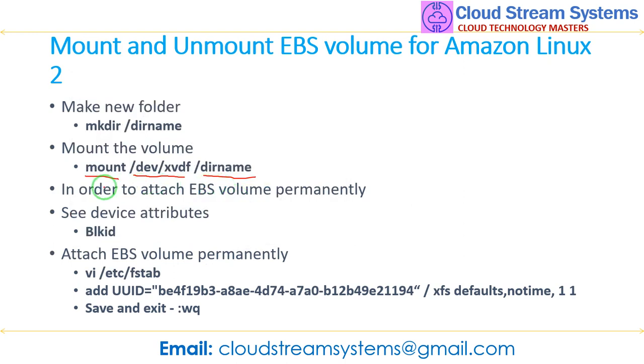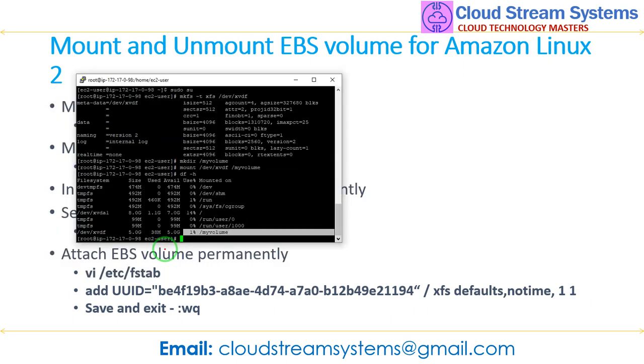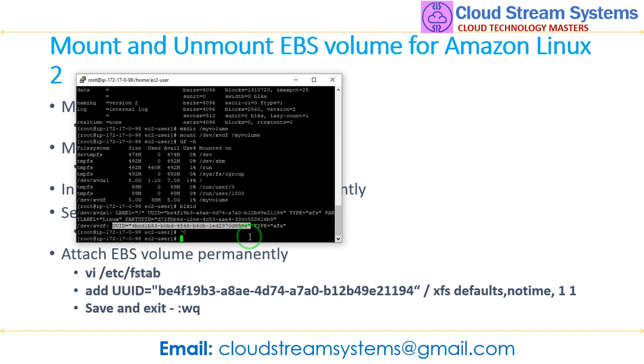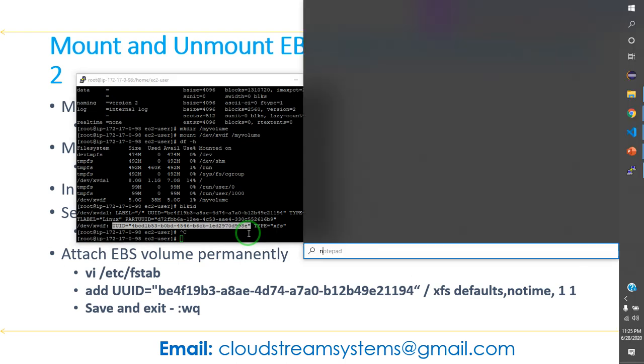In order to see device attributes, you will perform this command, blkid. It will give us the attributes of the block devices. So I think this is the one we attached. Let us copy this attribute and paste it over here in Notepad.